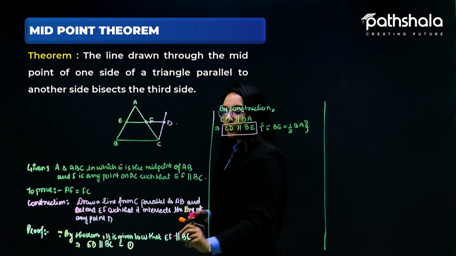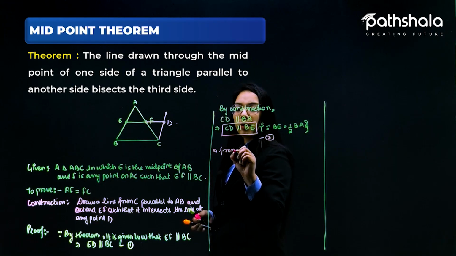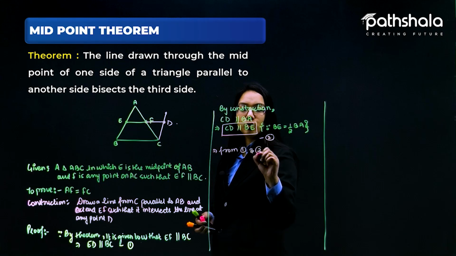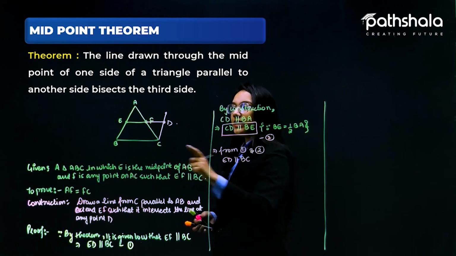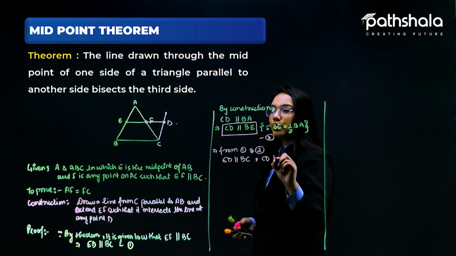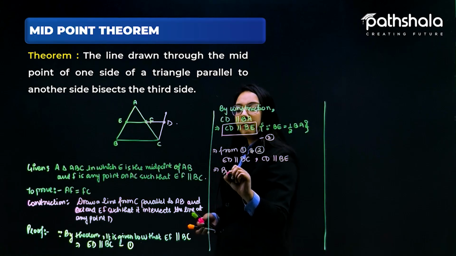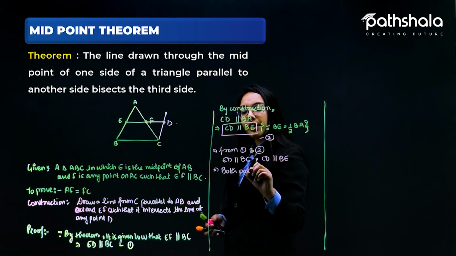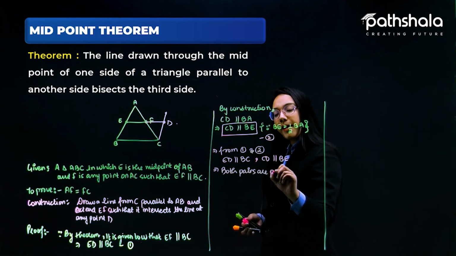So from 1 and 2, what can we say? We have ED parallel to BC, and CD parallel to BE, which implies both pairs of opposite sides are parallel.